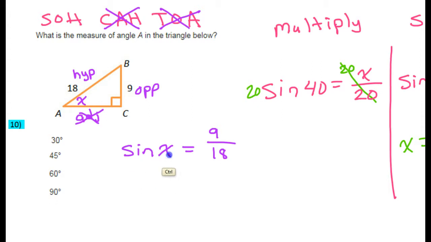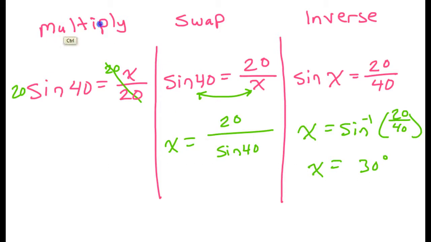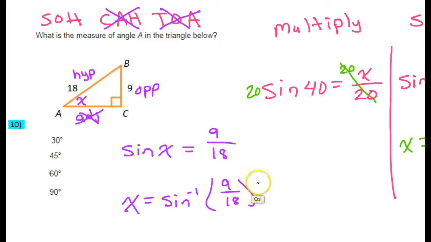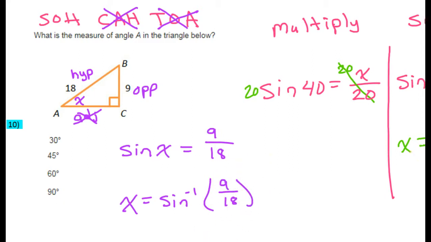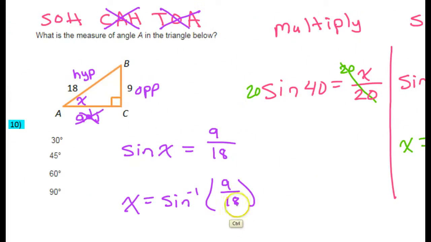So remember, when the variable is inside, do we multiply, swap, or inverse? Well, this is when we do the inverse. So that's why I'm going to do x is equal to the inverse sine of 9 over 18. I accidentally picked an example that's going to happen to give me the exact same answer.